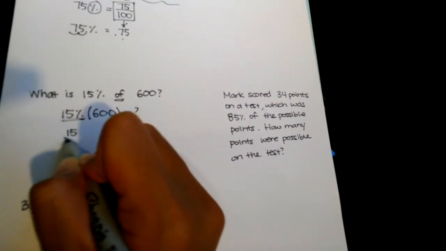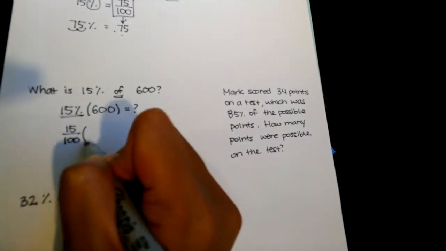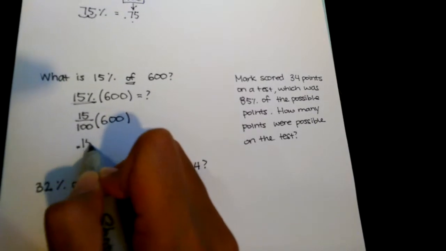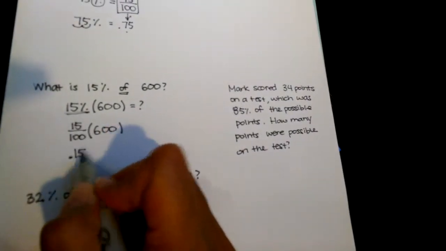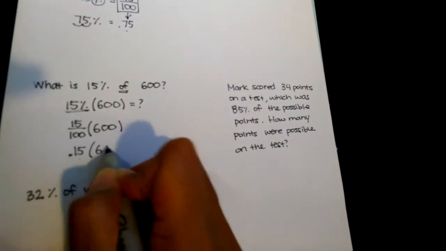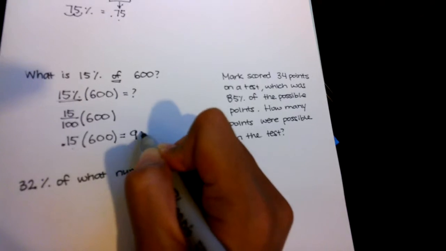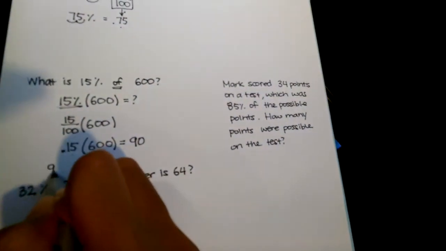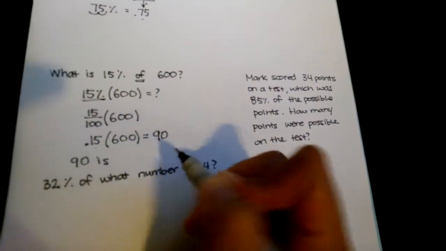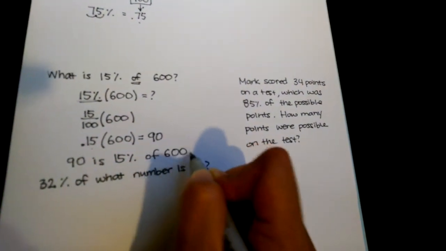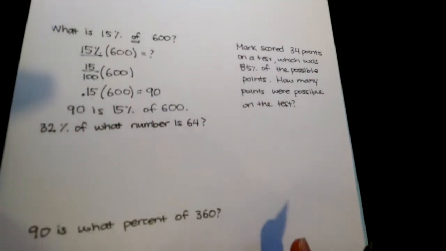Either you think of it as a fraction, 15 over 100 times 600, or as 0.15, the decimal form of 15%, times 600. If we carry that out, that is 90. So 90 is 15% of 600.